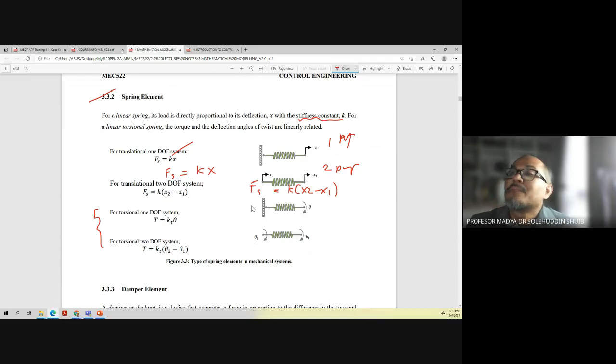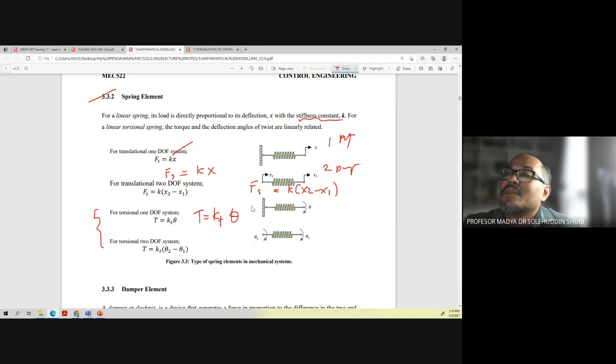Okay, for torsional spring, it involves theta, right? So we have torsional spring Kt equal to Kt theta, right?